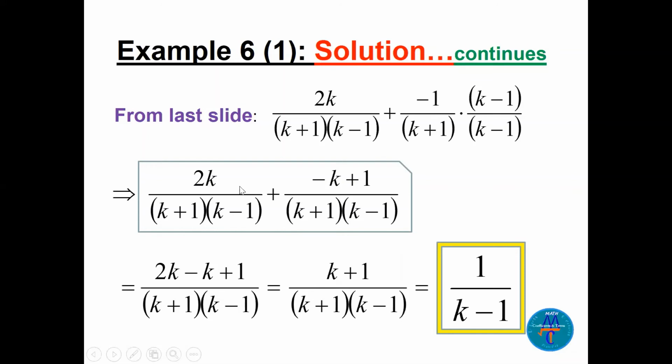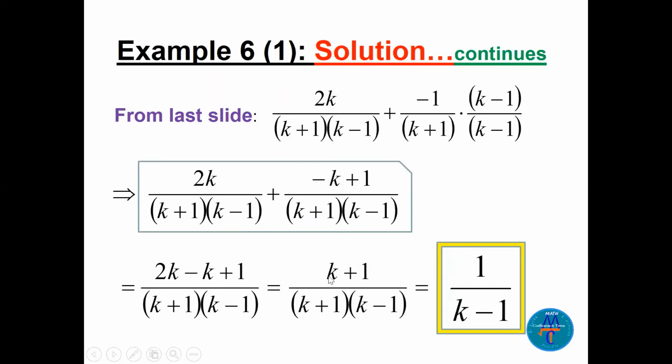So we have 2k. Remember, if there is a minus here, I told you before, you change the signs. But since we don't have a minus, it's a plus. So I write minus k plus 1. I can add like terms. Always I have to simplify. 2k minus k is k, plus 1. I can cancel k plus 1. And then the answer is 1 over k minus 1.